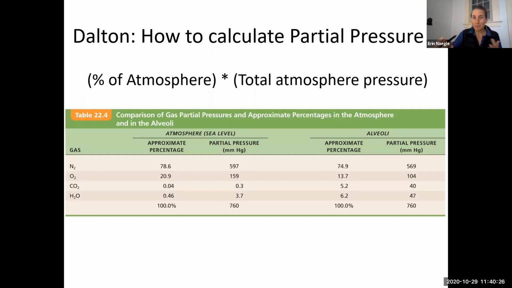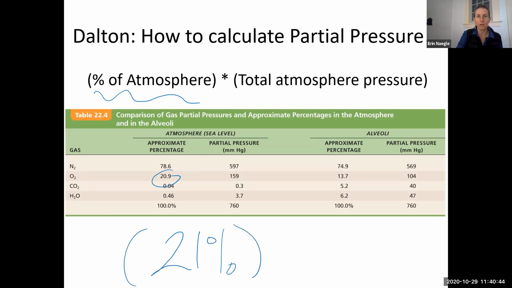It's pretty simple. First of all, you need to know, what's the percent of the atmosphere of your gas? Let's do it for oxygen. You'll notice oxygen is 20.9. We're going to round that up to 21%. And then we need to know, what's our total atmospheric pressure? Well, it is 760.